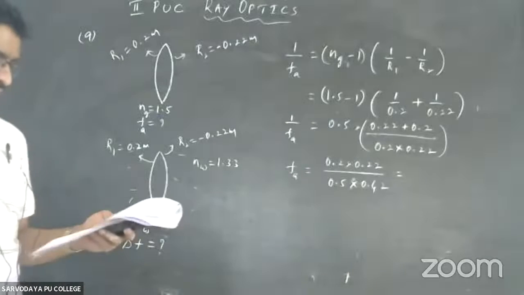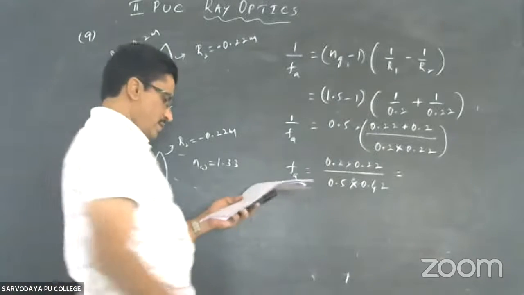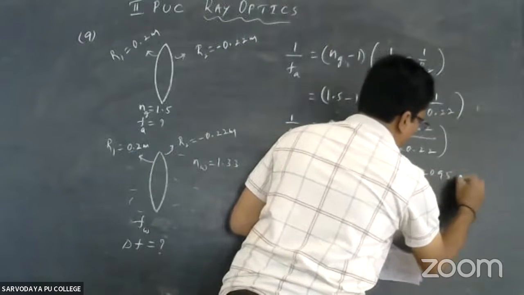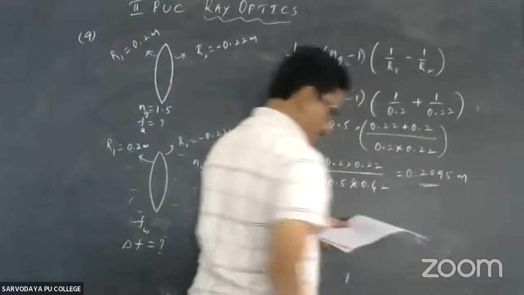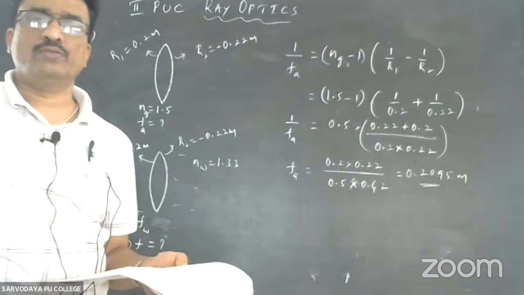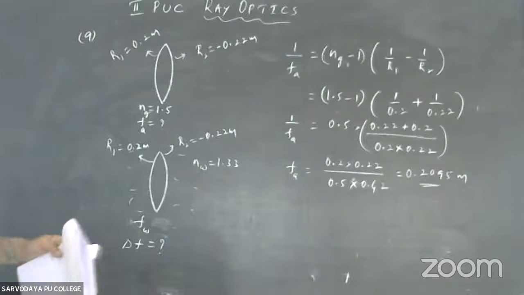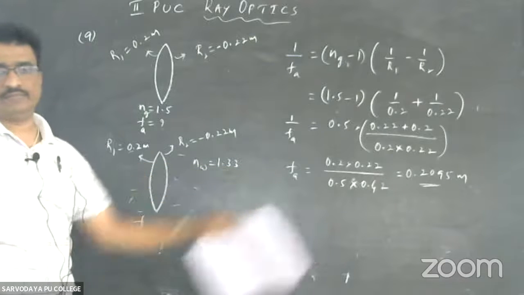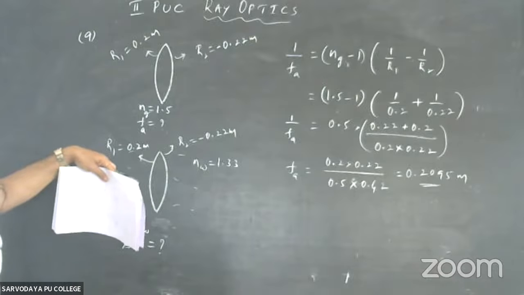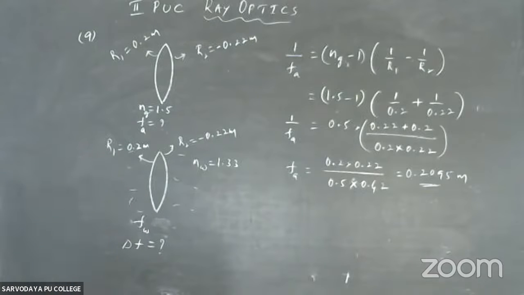Okay, just simplification. The simplified answer is 0.2095 meter. The focal length of the lens is 0.2095 meter. This is focal length in air. But we have been asked to find out the change in focal length.